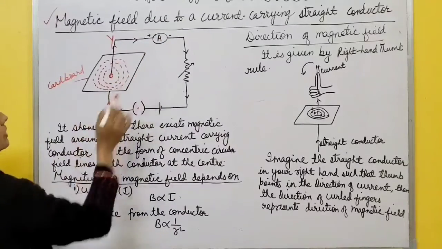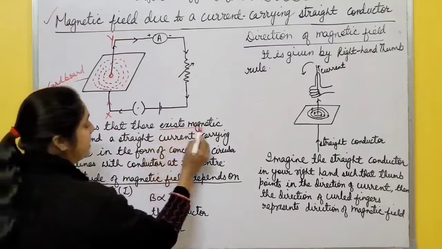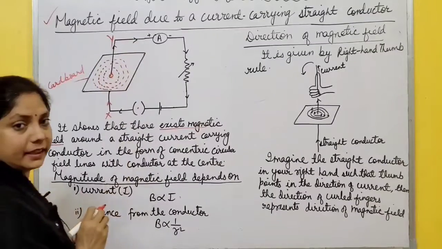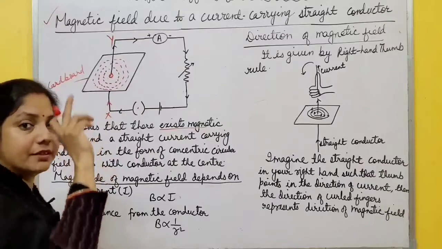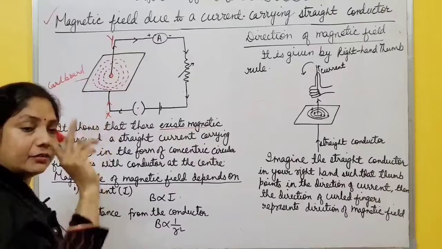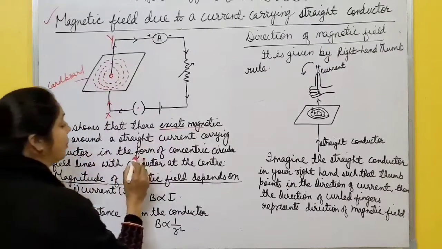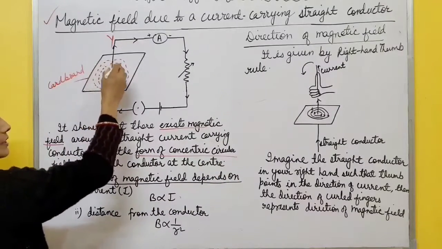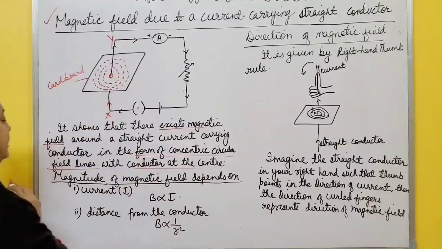So, this observation shows that there exists a magnetic field around this straight current carrying conductor because the iron filings arrange themselves in the form of concentric circles. It means there is a magnetic field around this straight current carrying conductor, in the form of concentric circular field lines, with the conductor at the center, right?